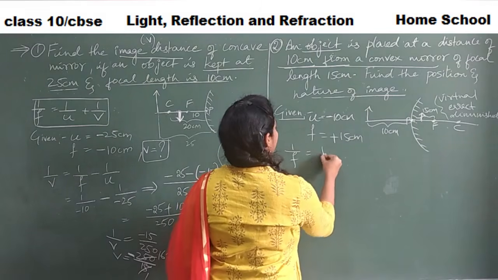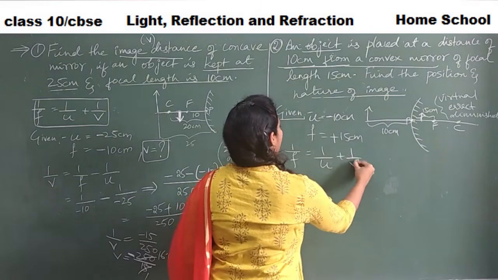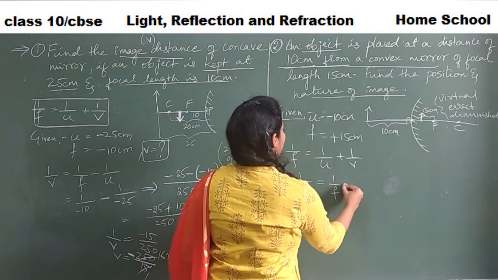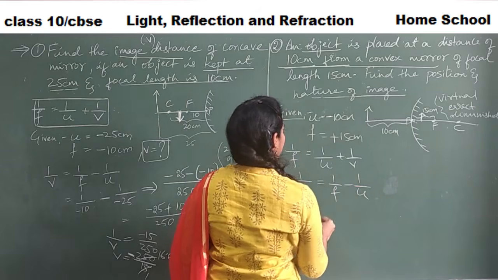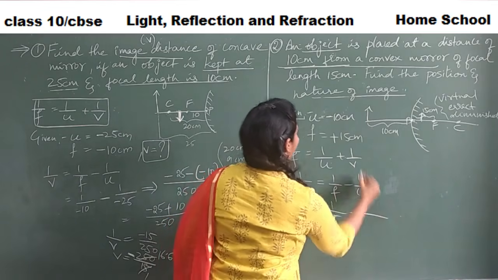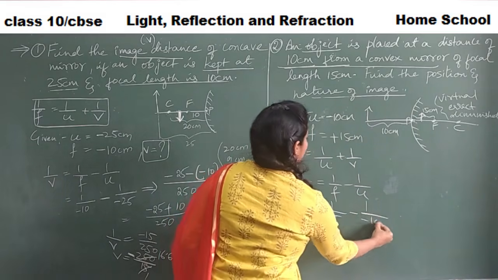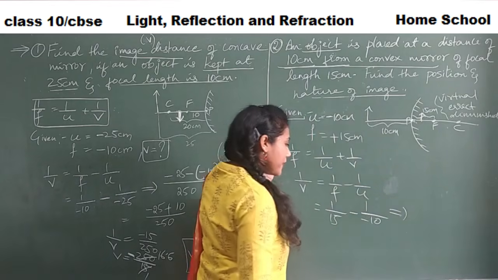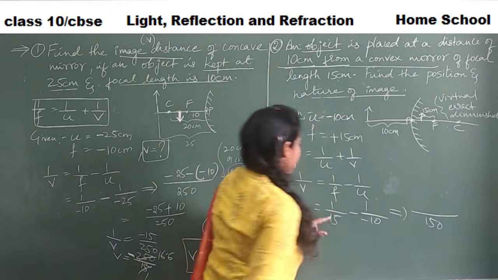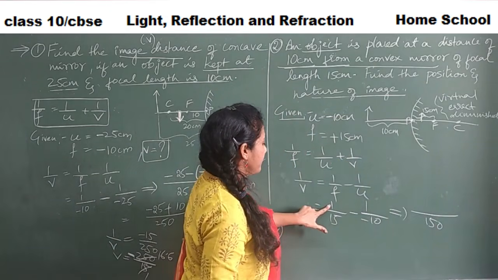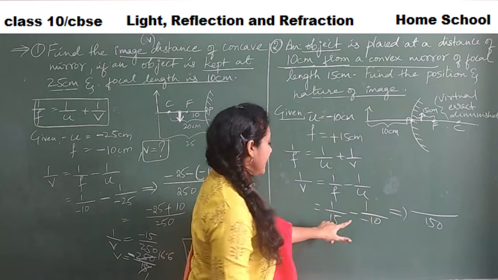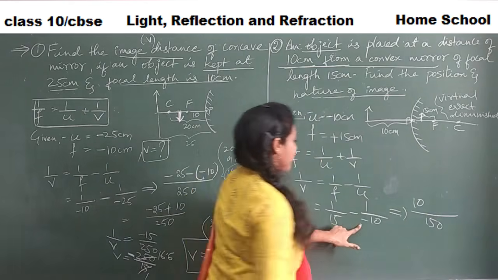And now what is the formula? 1 by f is equal to 1 by u plus 1 by v. They asked you the image position, so 1 by v is equal to 1 by f minus 1 by u. So 1 by f is 15 centimeter, minus of u value, which is minus 10. So what is the LCM here? Let me take 15 into 10, 150. So 150 is the LCM. For 15, how much if you multiply you will get 150? 10, right?